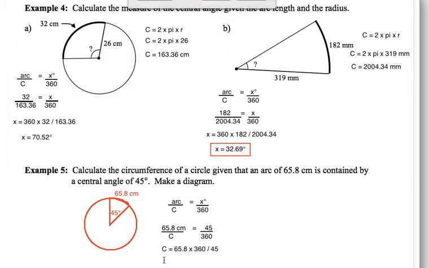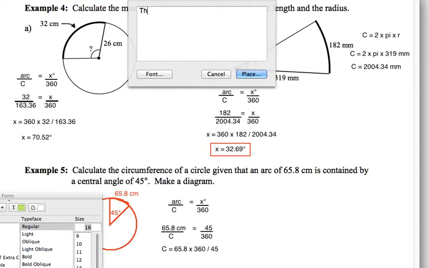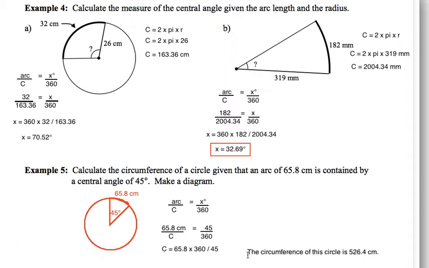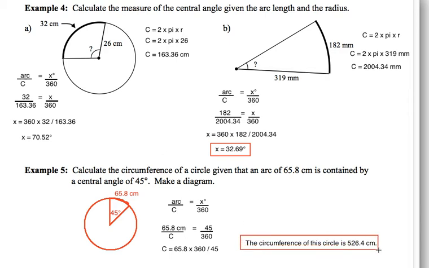So my circumference, which is the answer to the problem, is, it's a word problem, so I'm writing it out, the circumference of this circle is 526.4 centimeters. And then I'm going to circle that just to make sure Mr. Parr knows that this is what the answer is.